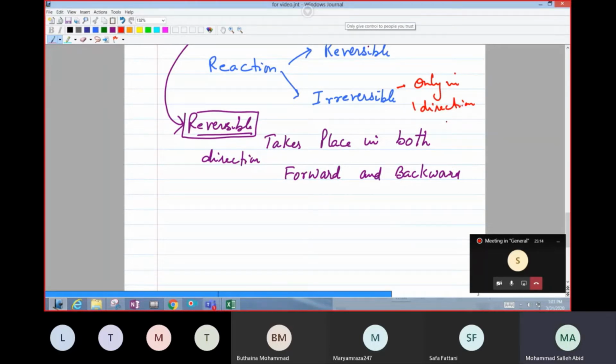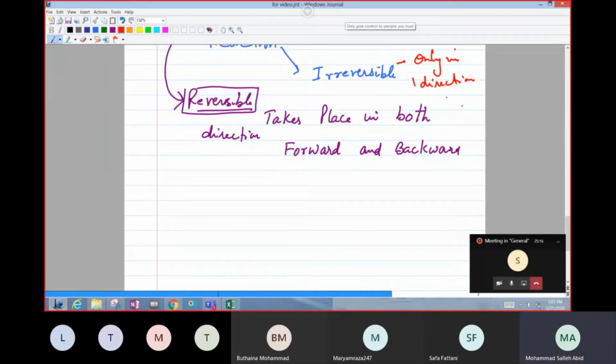How do you represent a reversible reaction, Mariam? With the arrows going front and back, half arrows. Good. Either you can show it this way, or you can show half arrows. Both mean the same thing.